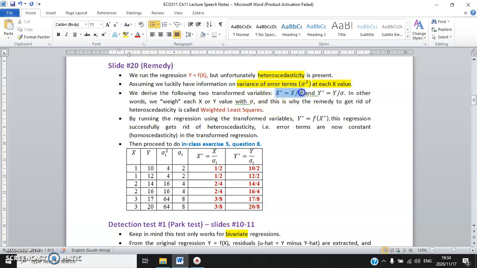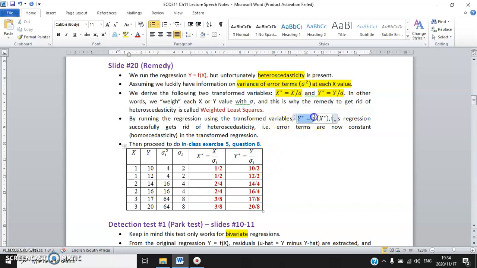And then we need to do some transformation. We must derive x asterisk, which is x divided by the standard deviation of the error term. And then y asterisk, which is equal to the original y divided by the standard deviation of the error terms. In other words, we actually weight each x or y value with this sigma, standard deviation of the error term, and this is why this remedy to get rid of heteroskedasticity is called weighted least square.